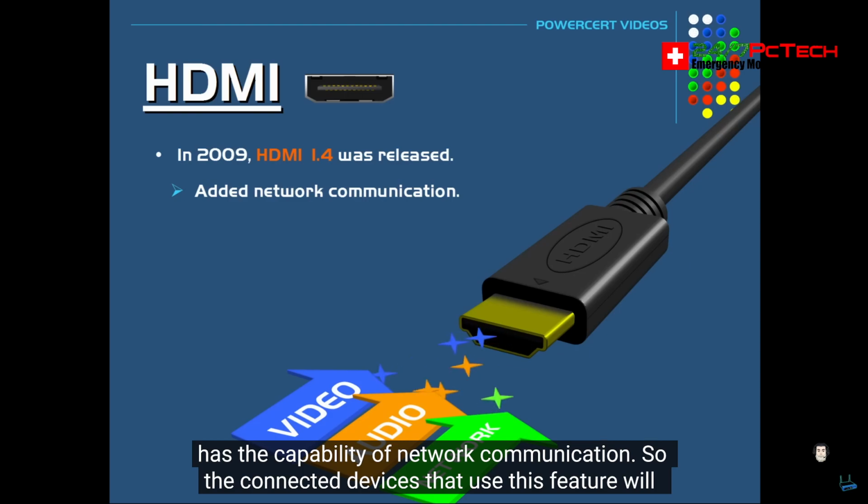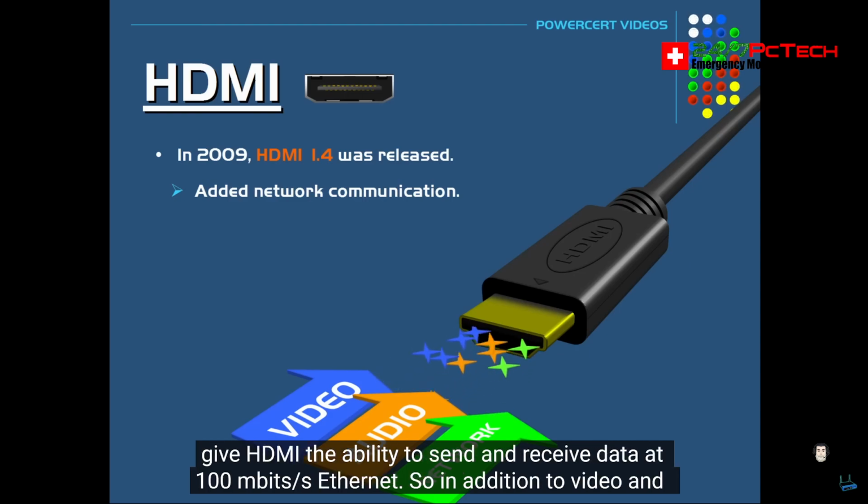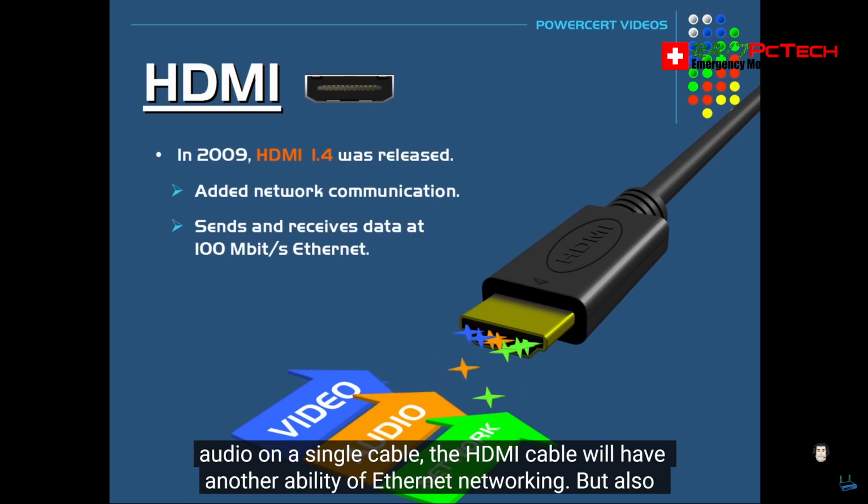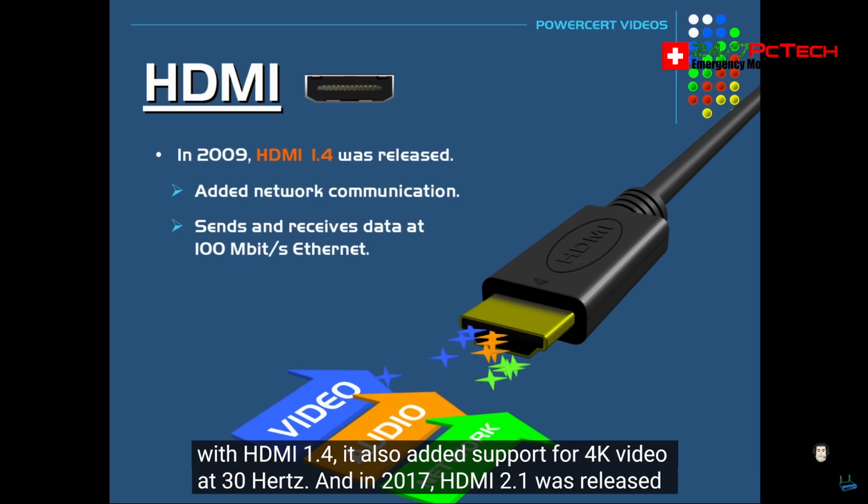So the connected devices that use this feature will give HDMI the ability to send and receive data at 100 megabits per second Ethernet. So in addition to video and audio on a single cable, the HDMI cable will have another ability of Ethernet networking. With HDMI 1.4, it also added support for 4K video at 30 Hz.